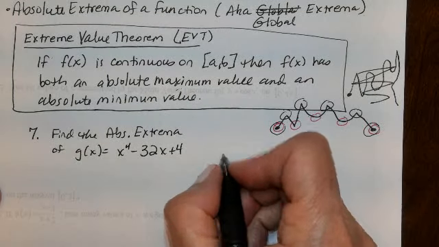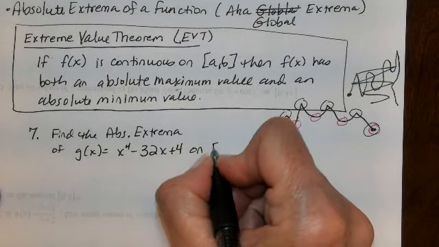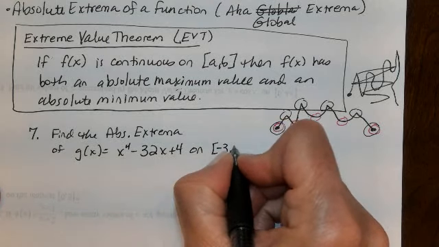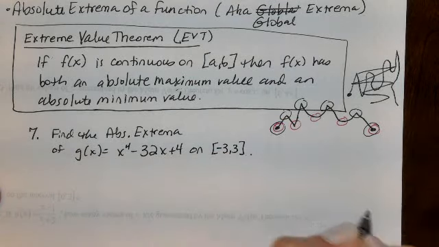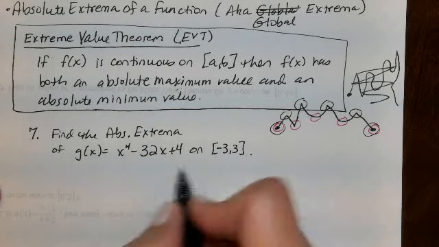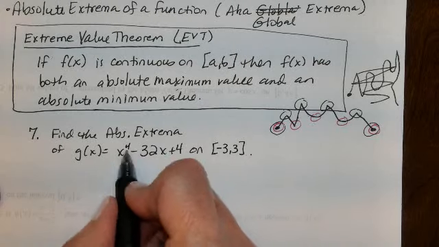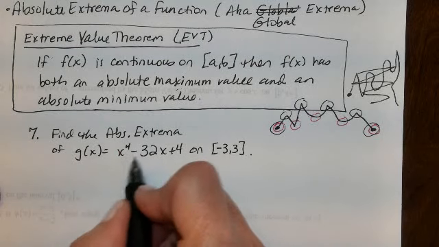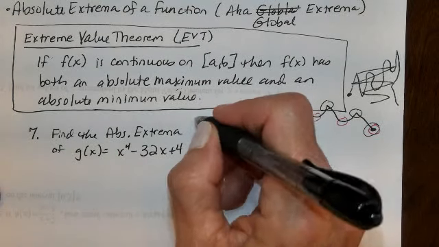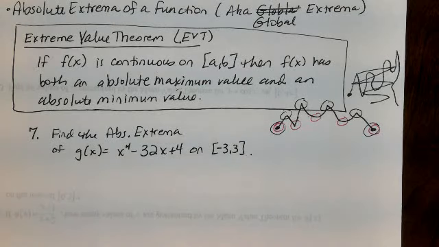Now, I'm going to give you some boundaries on the closed interval -3 to 3. If I didn't give you boundaries, we could still do this problem, but we may not have a max. We talked last time about this x to the 4th polynomial, but I don't want you to remember too much about it because it would give it all away. Anyway, let's just do this problem. We'll talk about that later.